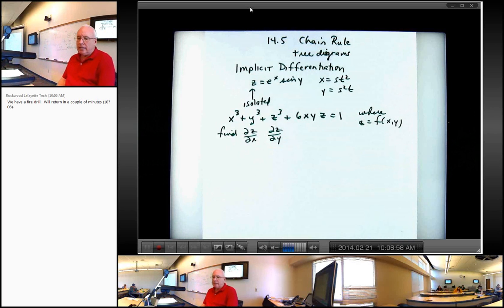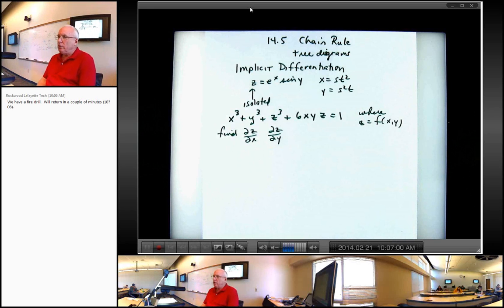Now, in the textbook, they give you explicit formulas for these, and the problem is formulas are things that you have to memorize, and you really don't need those explicit formulas in order to do this.